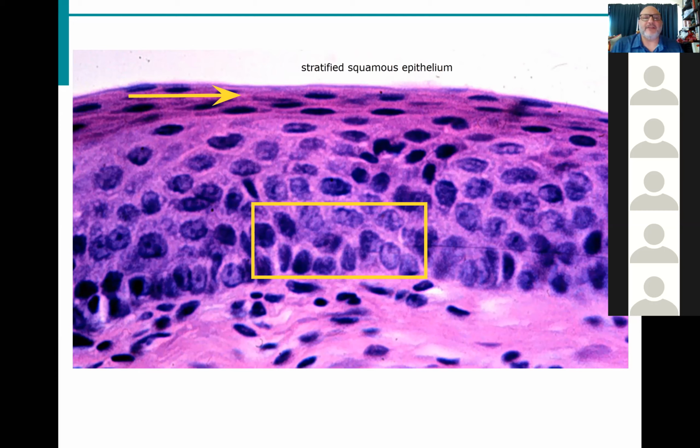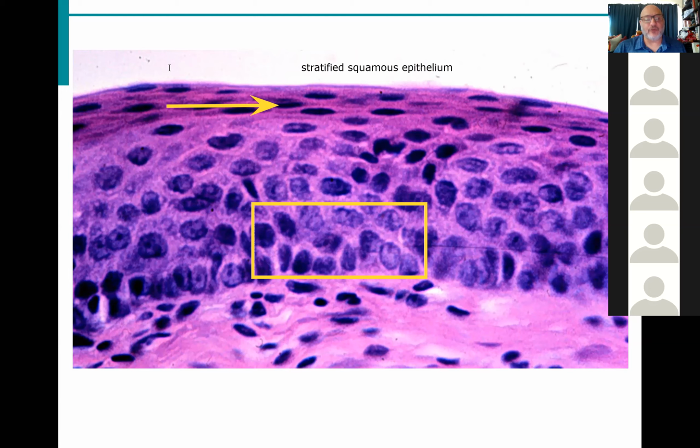Well, what do you notice about these cells at the top? Do these cells have a nucleus? Yeah. No, that's what these big, long, flat, black things are. These are the nuclei. So you can have two things. You can have a nucleus or you can have keratin. You can't have both. So if these have a nucleus, then that means they don't have keratin.